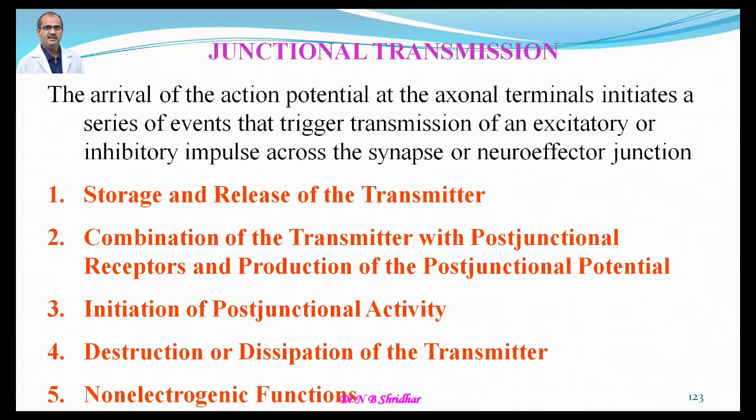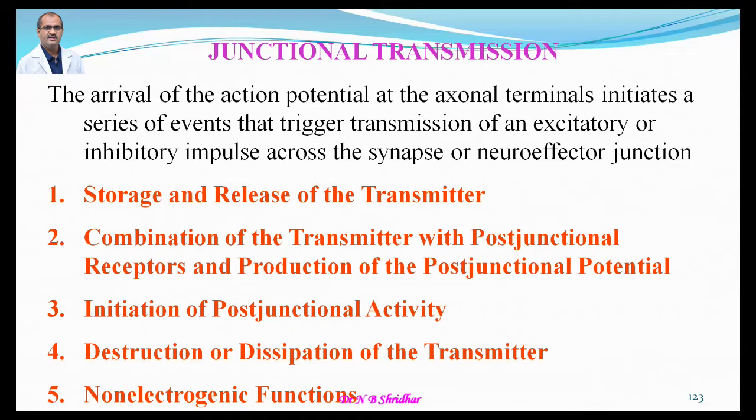Whereas the junctional transmission contains 5 steps. Number 1 is storage and release of the neurotransmitter. The second is combination of the neurotransmitter with post-junctional receptors and production of the post-junctional activity or potential. First there will be storage, then release of the neurotransmitter, and activity of the post-junctional cells, which may be either excitatory or inhibitory.